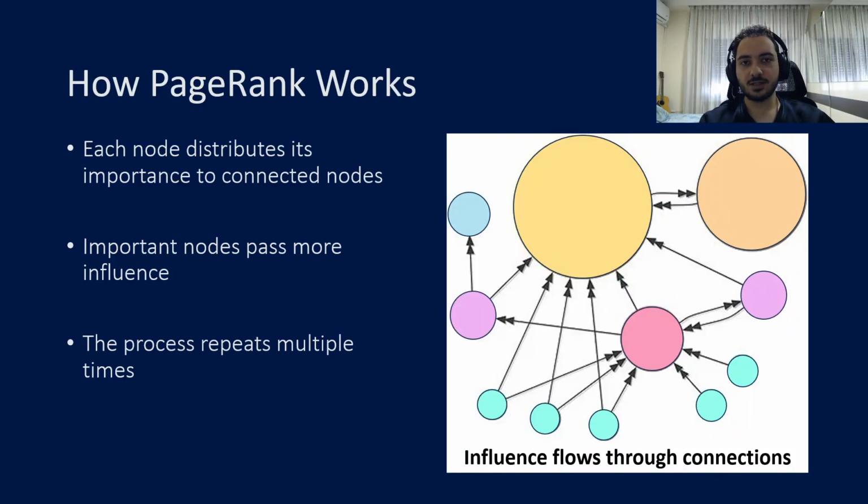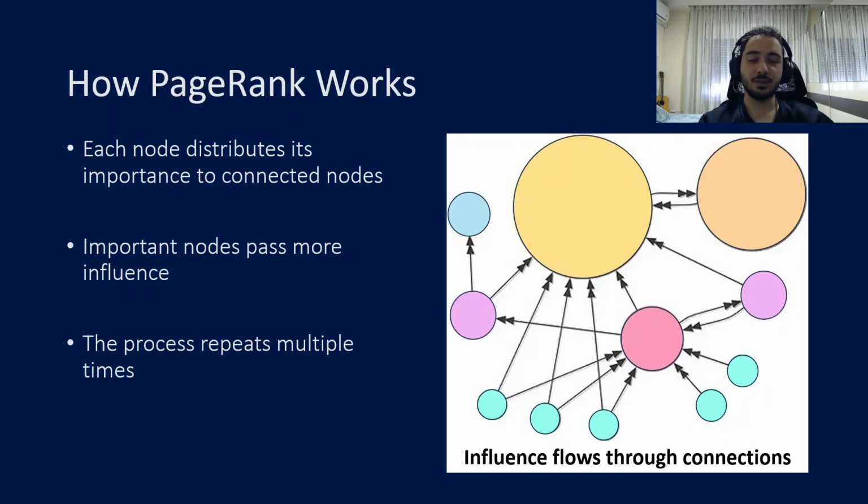So, PageRank works by distributing importance across the network. Each node starts with an initial value of importance. Then, each node passes its importance to the nodes it is connected to. If a node has high importance, then it passes more influence to others.